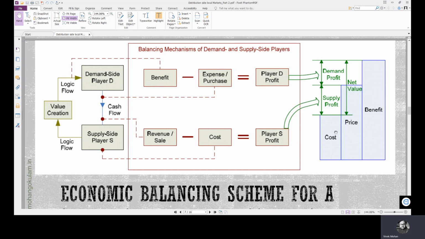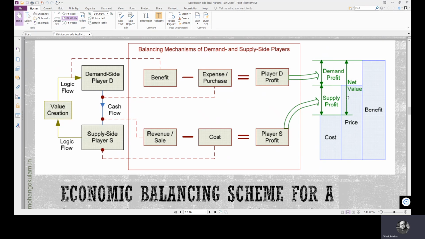Right. Now you can see here, this is the cost of generation, and this is the price at which the supplier sells power. So this is the supplier profit. Now this price is the expense for the demand side player, right? And after spending this much, he is making some benefit out of the energy received, which could be quantified in terms of money.